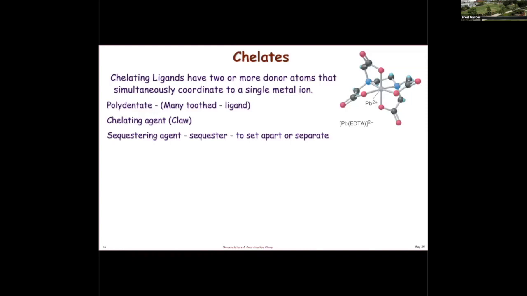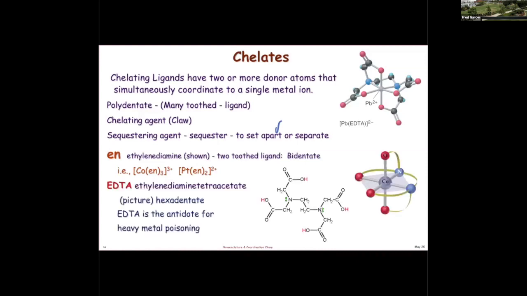One ligand binds the metal in two or more sites. They're called sequestering agents because they sort of isolate the metal. Ethylene diamine certainly is an example of that. Again, we use EDTA as our classic example of one ligand with a coordination number of 6 for the metal.